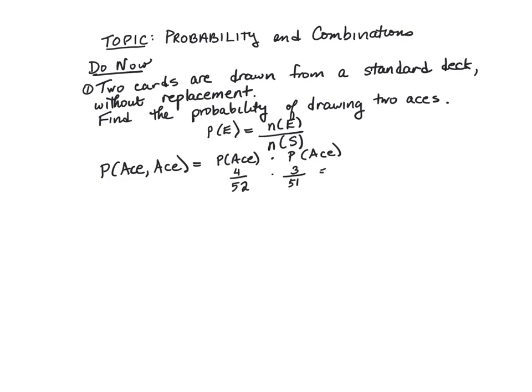So the answer would be 4 times 3 over 52 times 51, which in a previous video we discussed was 4P2, the number of ways to arrange 2 aces from 4, divided by 52P2, the number of ways to arrange 2 cards from 52.